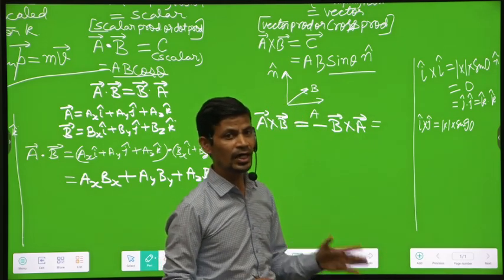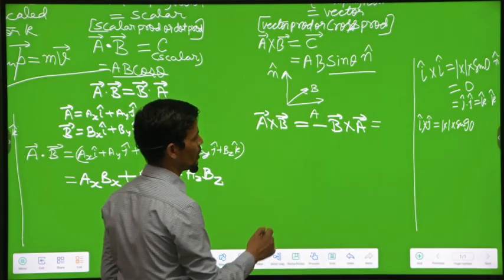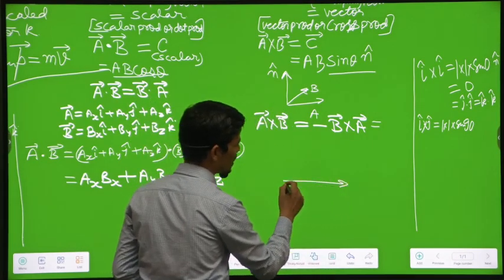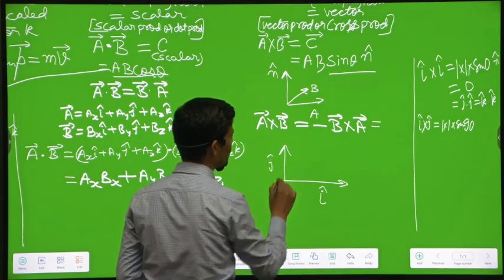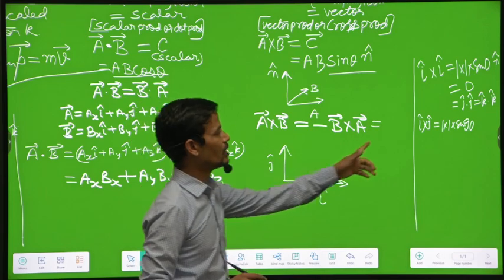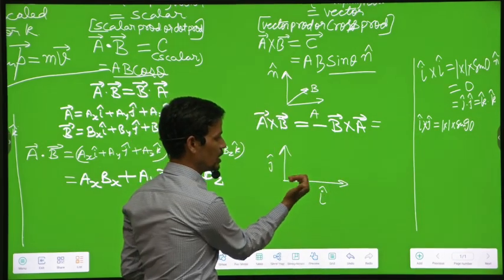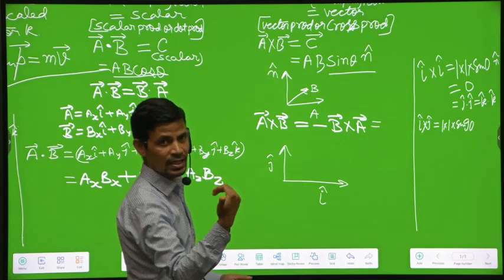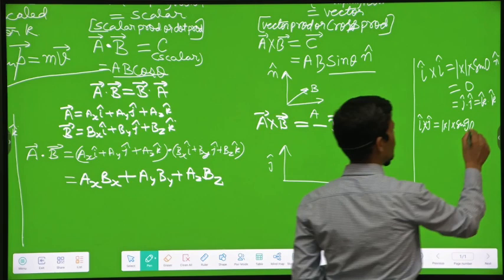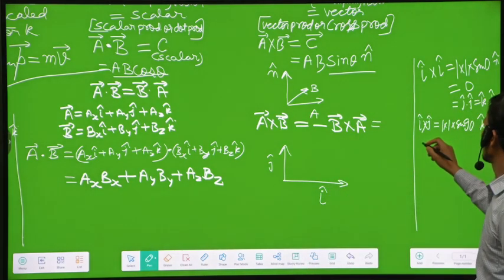And what I told you about how to find the direction of cross product: if this is x-axis, this is y-axis, this is i cap, this is j cap, and we are taking multiplication i cross j, so thumb is coming out. This is k cap. So i cross j is k cap.